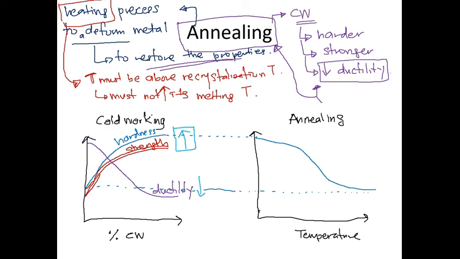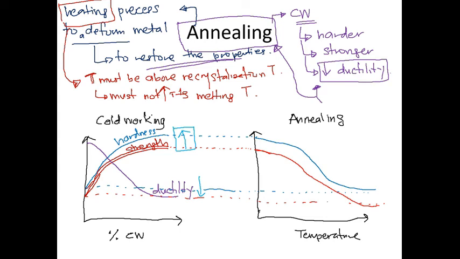What about strength? This is after it undergoes cold working, and then with the annealing process, this is the original strength, and you can restore its properties.